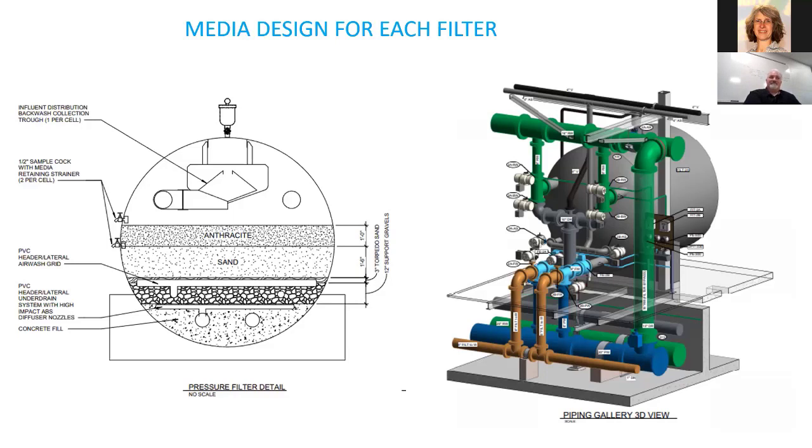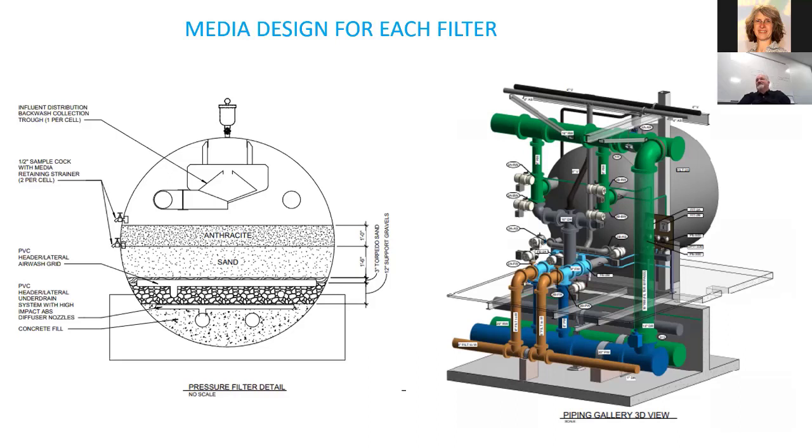It's doing the same thing. So it's going to fluidize that bed, and then it will collect water in the backwash trough. And notice the colors on the pipes. The pipes are all color coded. So the brown would be your filter backwash.